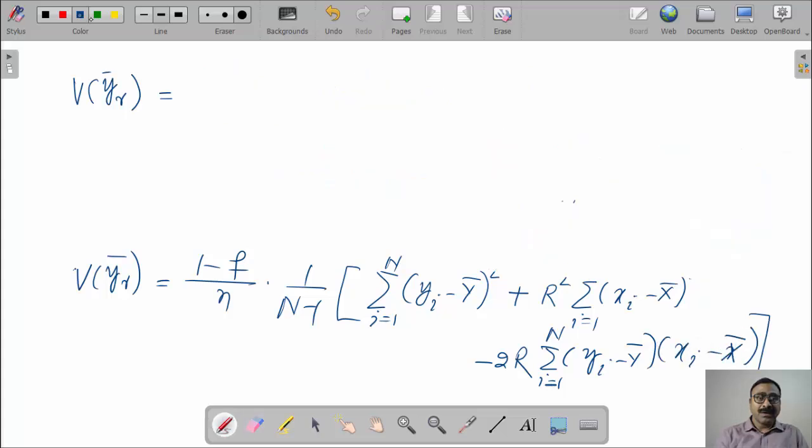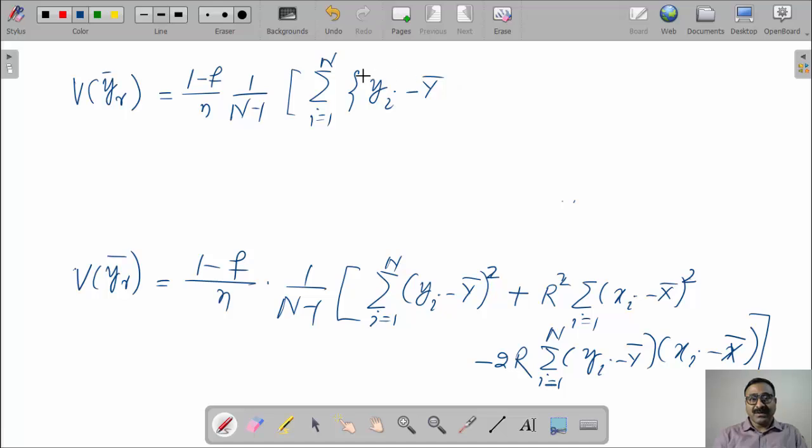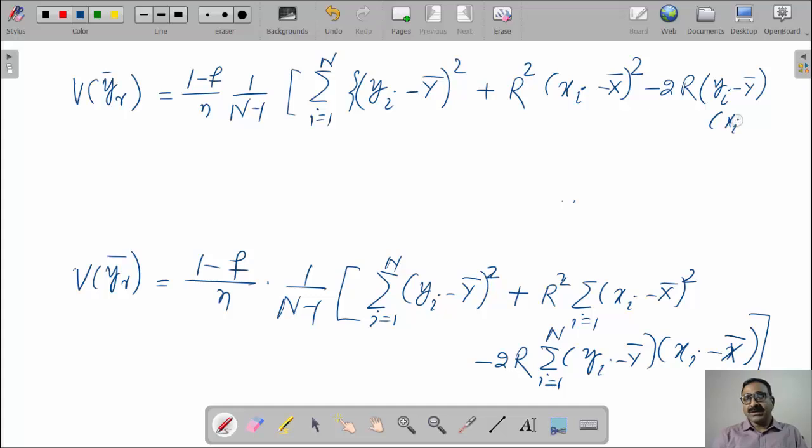minus x bar). So the variance of y R bar is equal to (1 minus f) by n, 1 by (n minus 1), summation i equal to 1 to n, (yi minus y bar) whole square plus R square (xi minus x bar) whole square minus 2R (yi minus y bar) into (xi minus x bar).